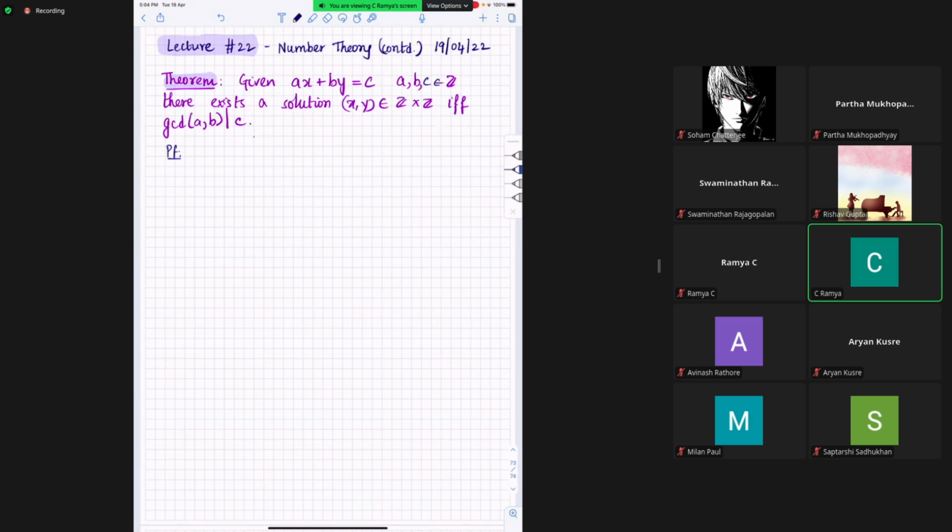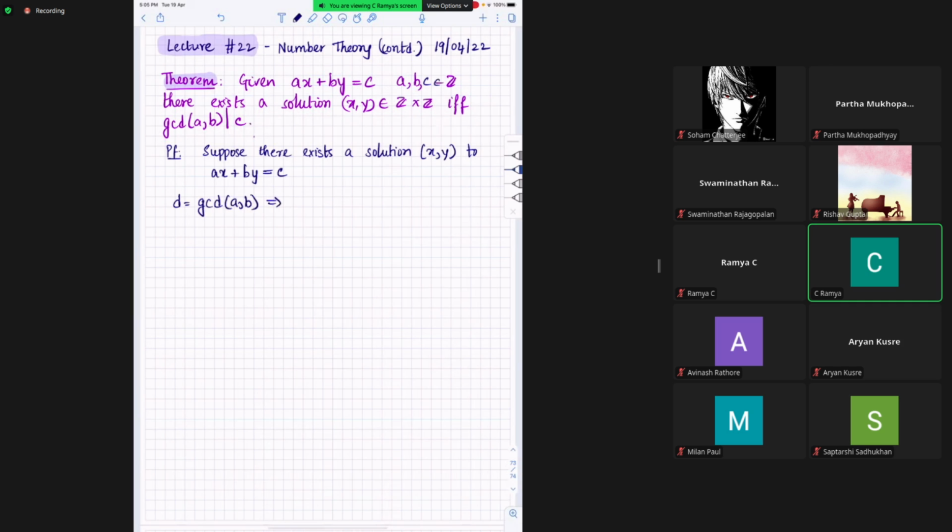Let's suppose there is a solution, then the GCD must divide C. Suppose there is a solution x, y, which means an integer solution to ax plus by is equal to c. Then I want to show that the GCD of a and b must divide c. So we know that d is the GCD of a and b.